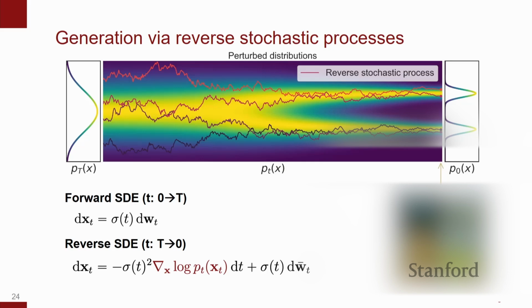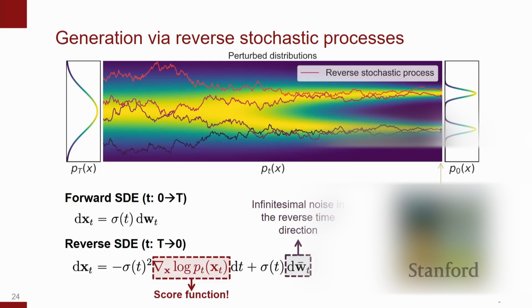And what's interesting is that this stochastic differential equation has a closed form solution. And again, not super important what the formula is, but the only thing that you need to know to be able to characterize the stochastic differential equation is the score function.